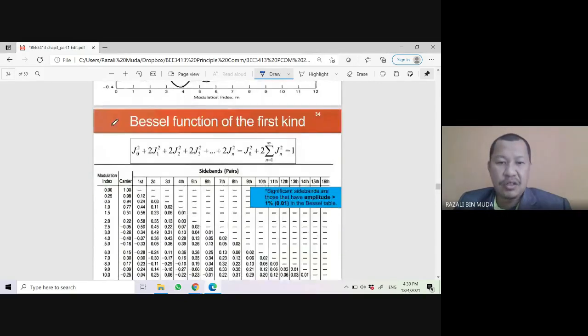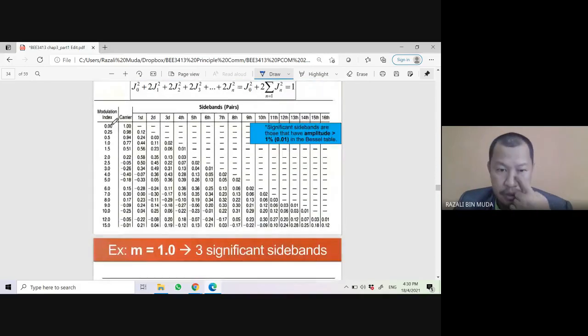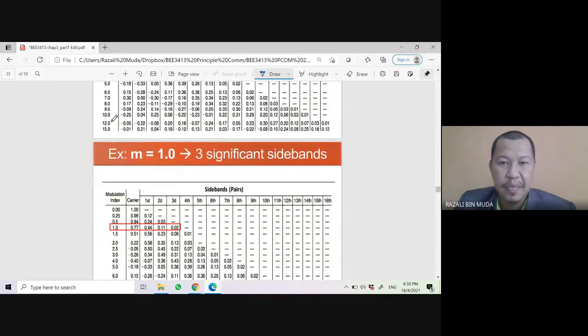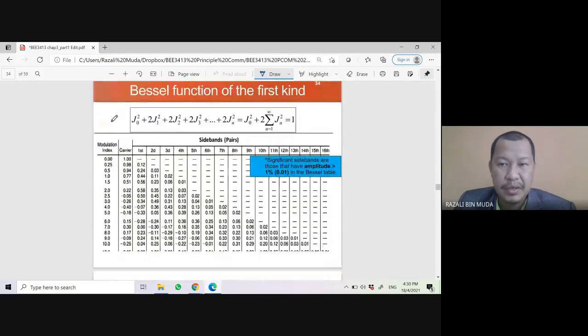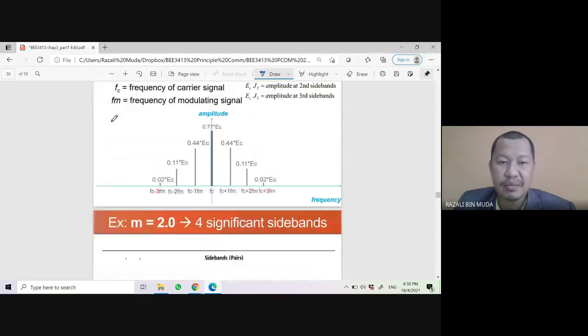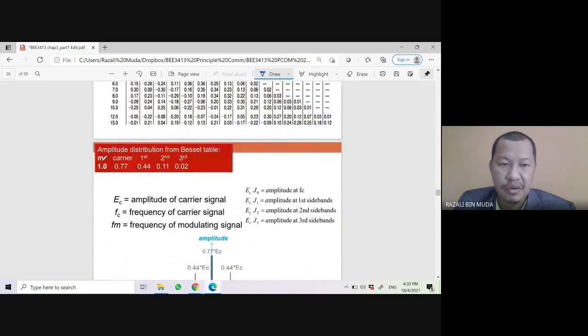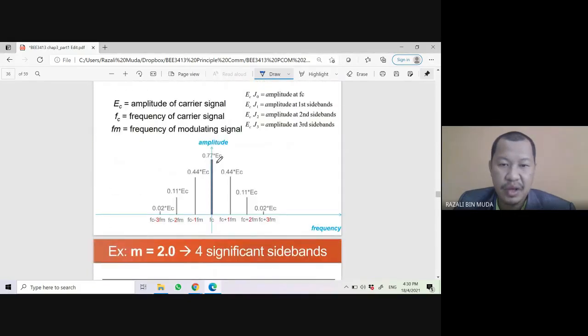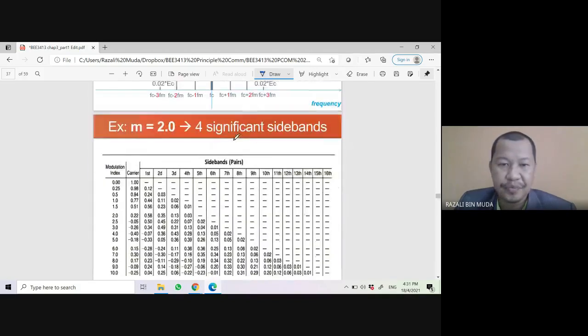Okay, so that's all. So you can read one example yourself for m equal to 1, where you should have 0.77. See here, right? 0.77, 0.44, and 0.11. I have shown just now.